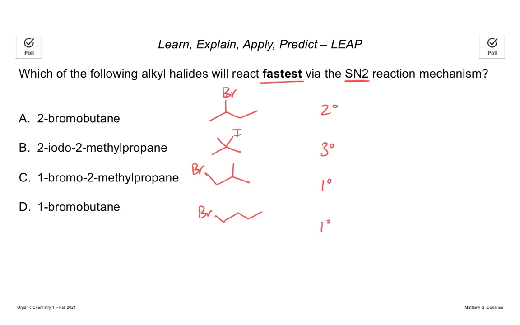So right away, we can see that we're really dealing with choices C and D. But the difference between them, if we look to the carbon next door, so that's the carbon next to the one bearing the leaving group, this one has that extra methyl group, and again, that's some steric hindrance that's going to slow down the rate at which the nucleophile can attack that. This carbon only has the one carbon group and 2 hydrogens, so that's going to be a little bit more accessible. So our answer for this would be D.